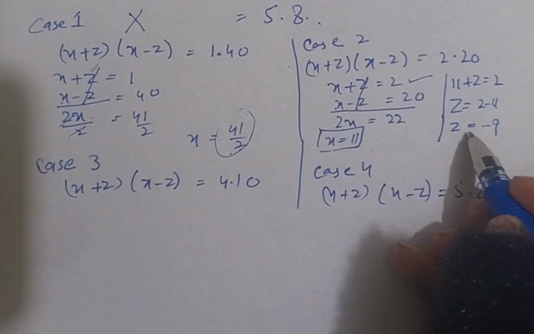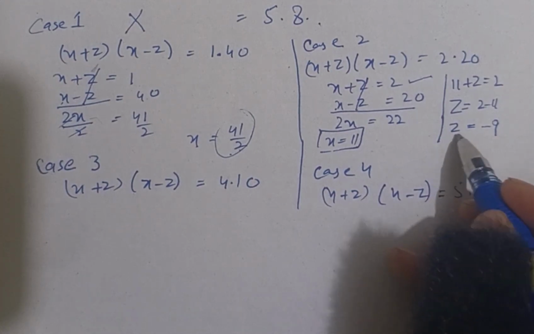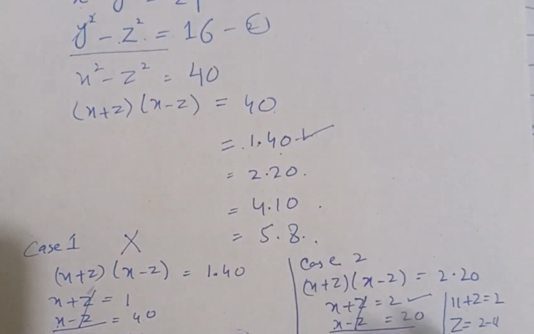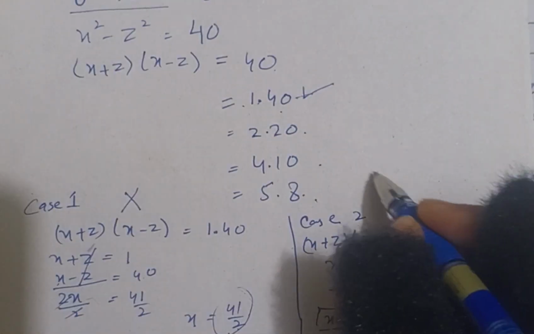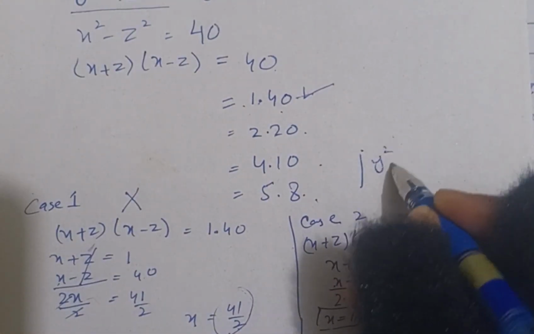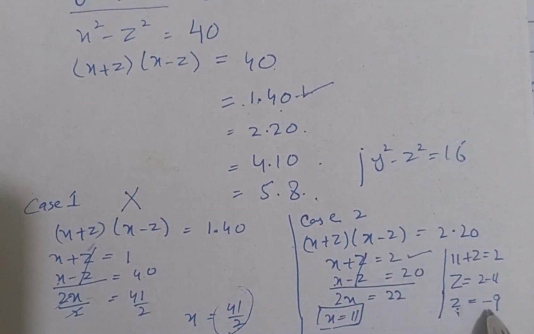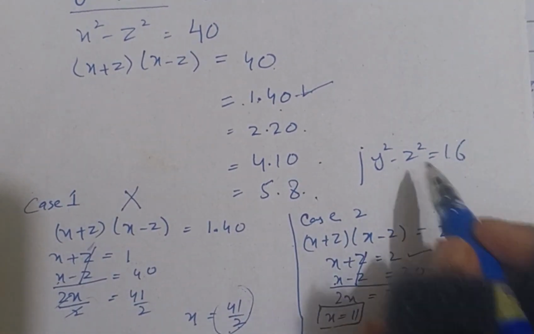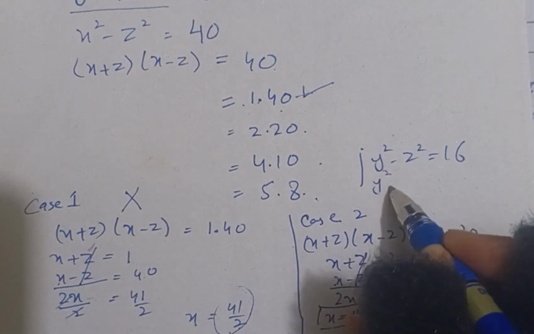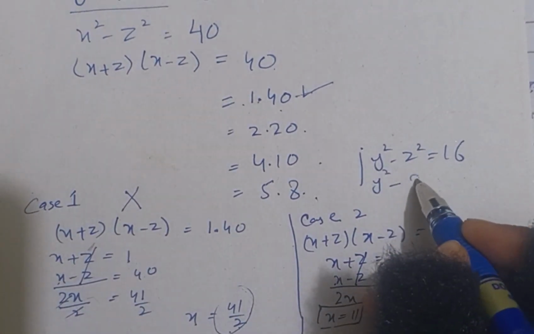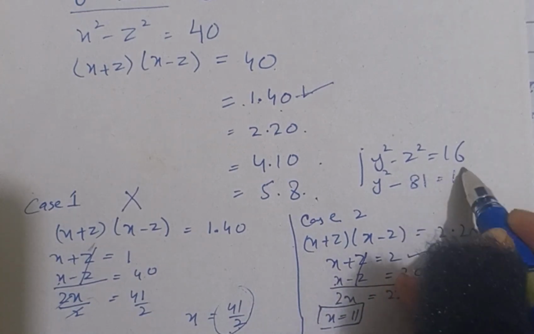In the next step, we find the value of y. So we use this equation, y square minus z square is equal to 16. Now we substitute the value of z in this equation: minus, and the 9 square is 81, it's equal to 16.